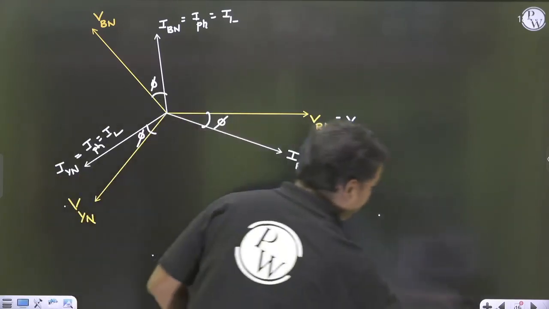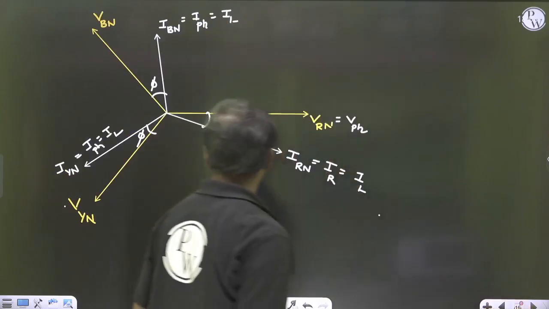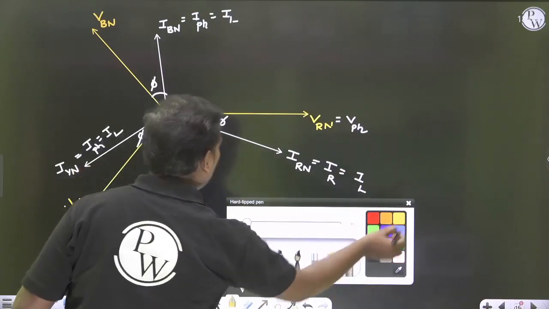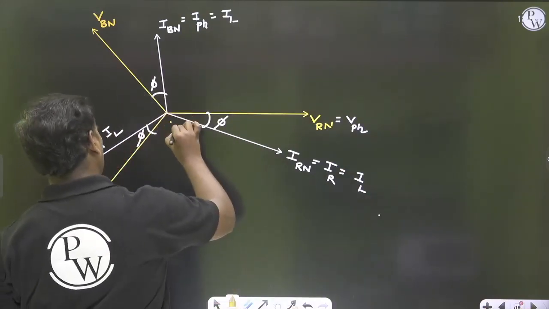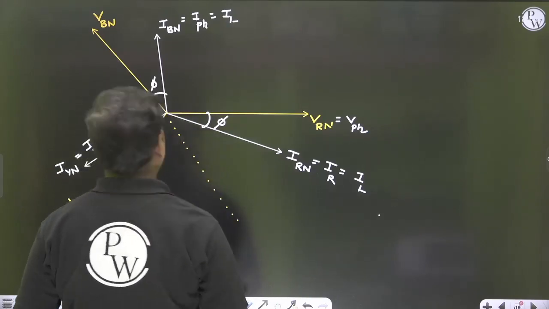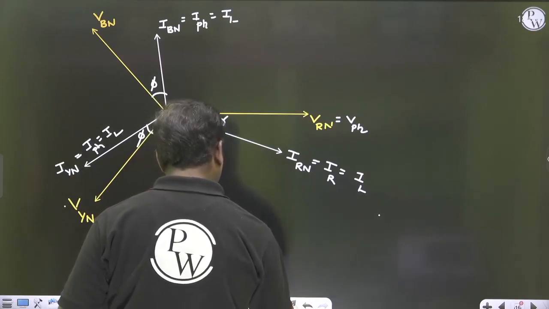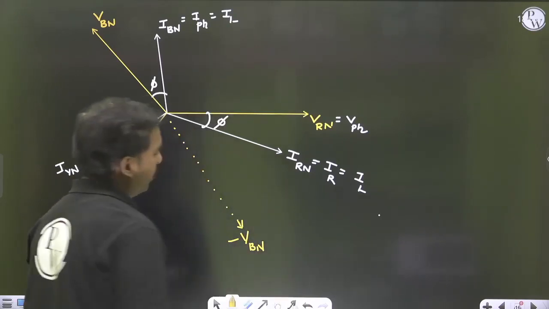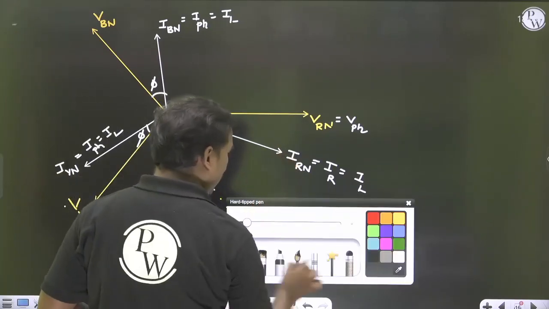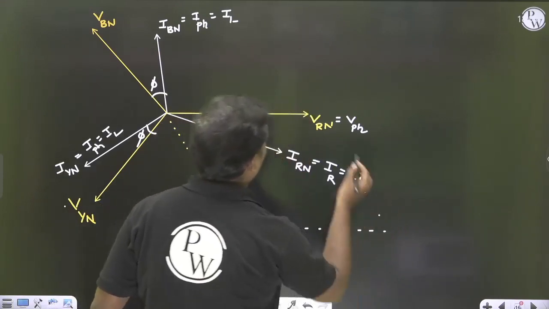Now what I want is VRB. VRB means VRN plus minus VBN. So this is VBN, and if you draw the reverse, this will be minus VBN. Now I want the resultant of VRN and this. What is the resultant? So this is the result.